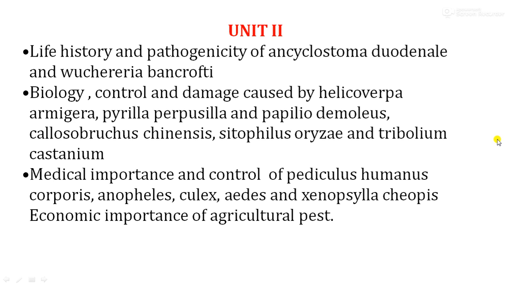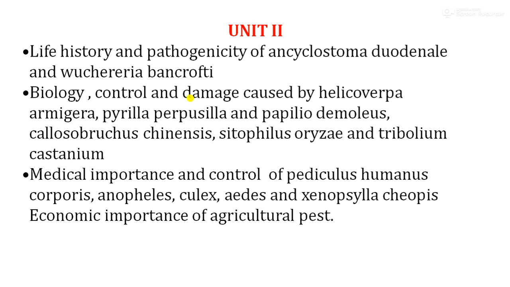In unit 2, we have to study 2 pathogens which cause diseases in human beings. First is Ancylostoma duodenale, which causes ankylostomiasis in human beings, and another pathogen is Wuchereria bancrofti, also called the filarial worm, as it causes the disease filaria in human beings.